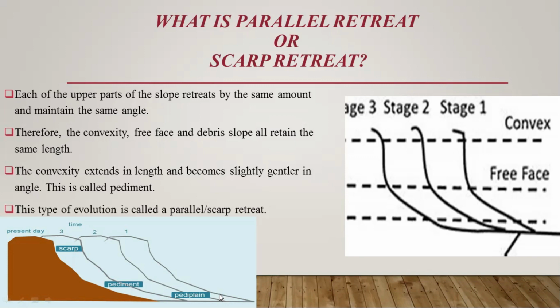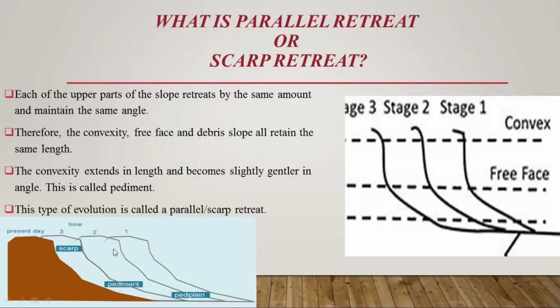Which occurs due to what? Due to the joining up of the various pediment areas. This pediment area joined with the neighboring areas. So ultimately a huge concave area develops, which may have some residual hills like this. So King has rejected slope flattening. The slopes are not getting flattened.